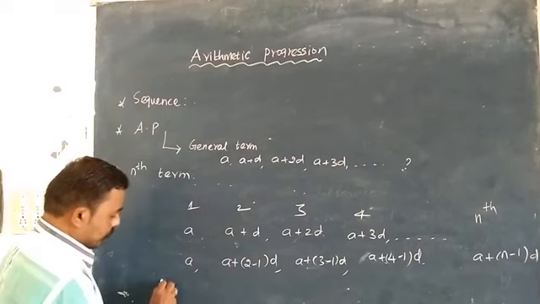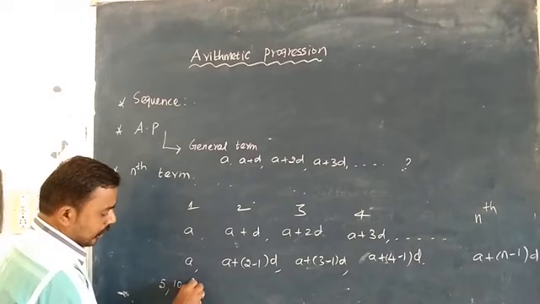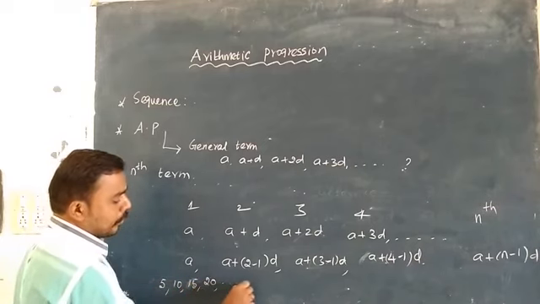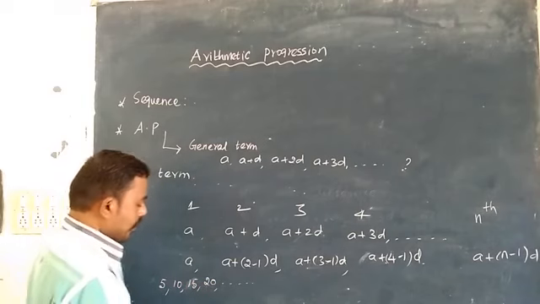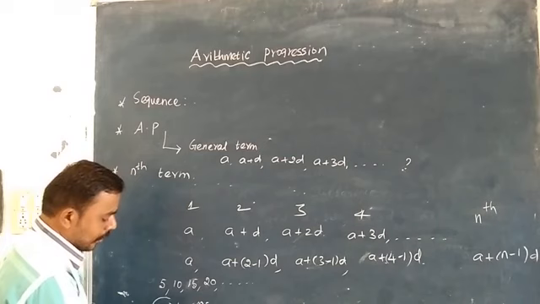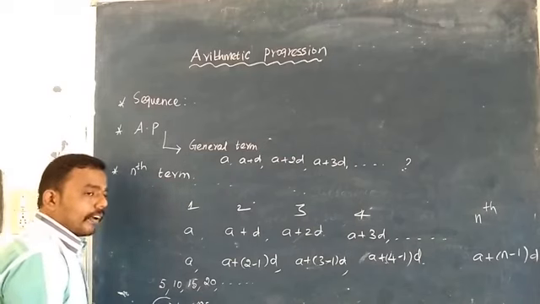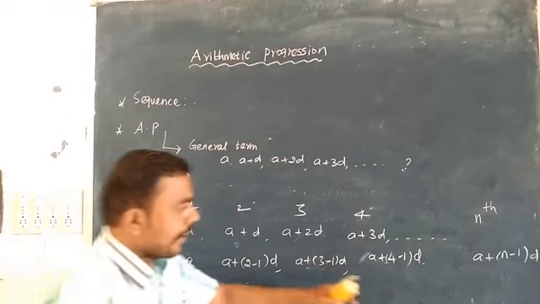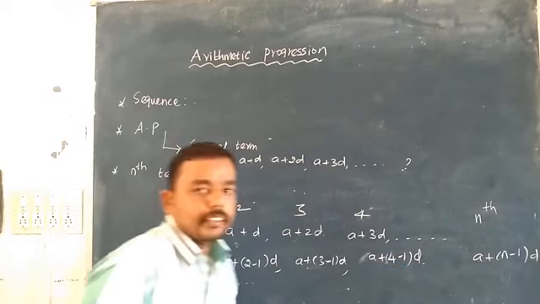So suppose 5, 10, 15, 20 and so on. Here suppose we have 100 terms. How many terms? 100 terms. Now 100 terms means here n is 100.